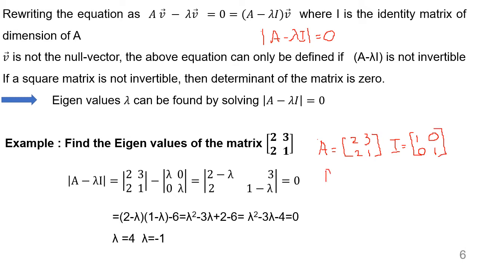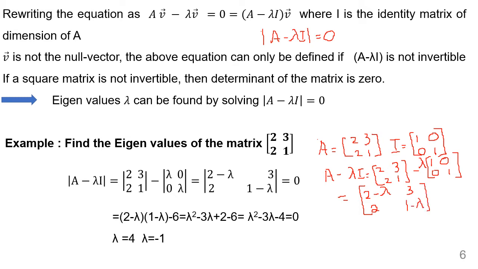Now I have to get A minus lambda I, that is [2, 3; 2, 1] minus lambda times [1, 0; 0, 1]. When I simplify this further, I get [2 minus lambda, 3; 2, 1 minus lambda], and the determinant of this should be made equal to 0.